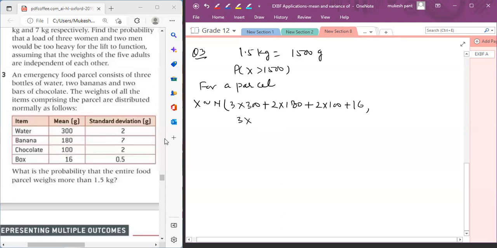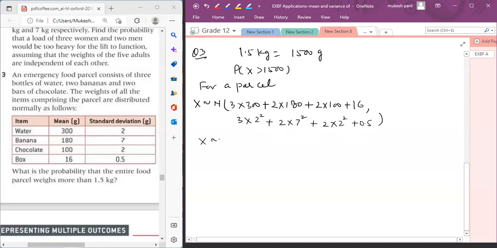For the variance: 3 times the square of the water's standard deviation, plus 2 times the banana's standard deviation 7 squared, plus 2 times the chocolate's standard deviation squared, and the box 0.5. This will be the distribution.